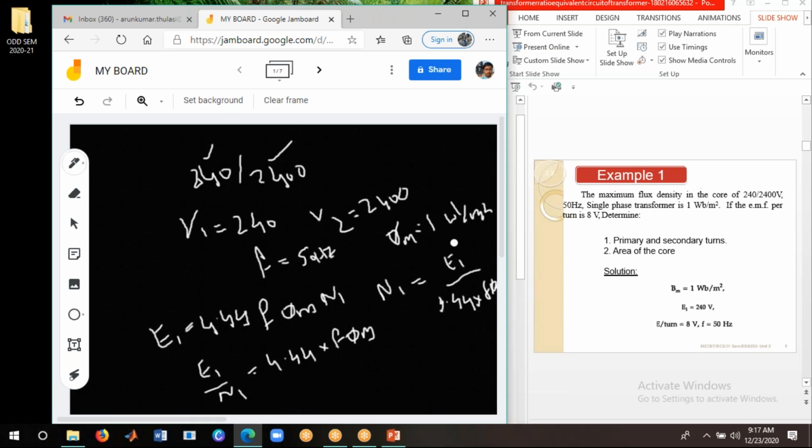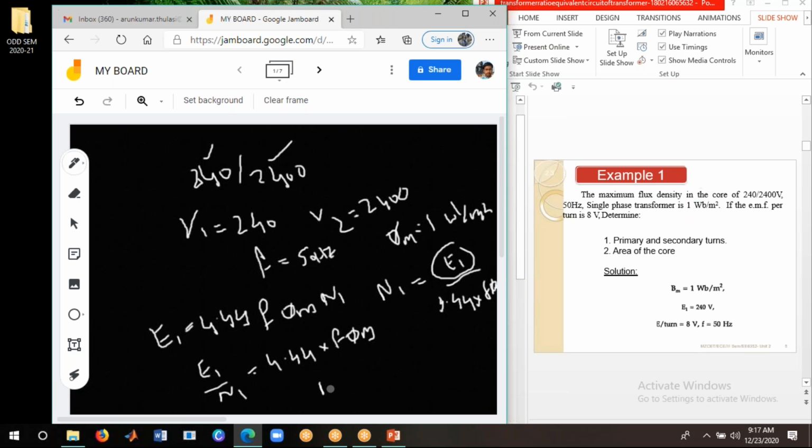So here, how can we write the value of E1? They gave EMF per turn in the problem, right? And we have 240 volts as the primary voltage.